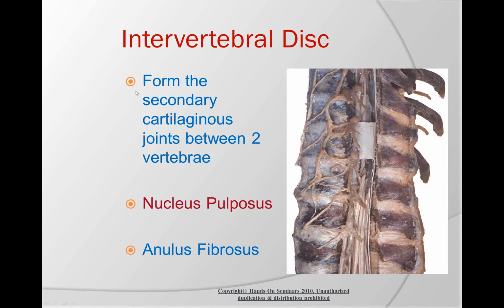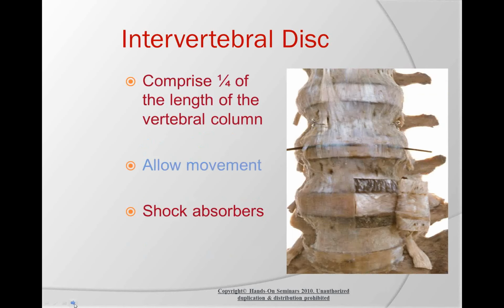But the intervertebral disc is very important, and not only because it forms the secondary cartilaginous joints between two vertebrae, but it becomes the culprit for many different types of pathologies, such as a herniated disc. A fourth of the length of the vertebral column is made up of the intervertebral disc.